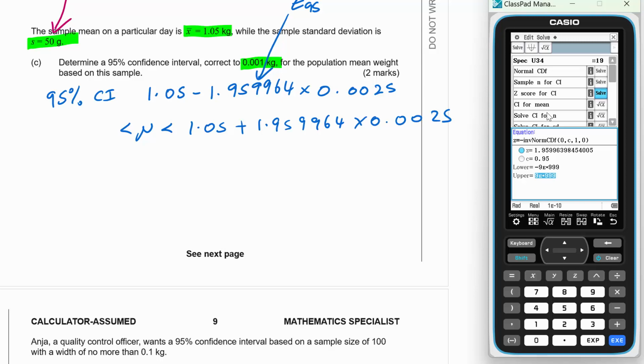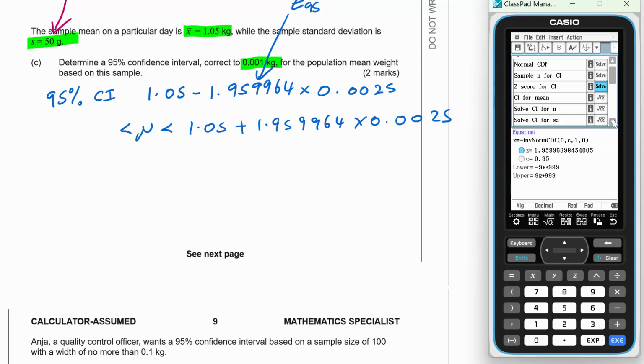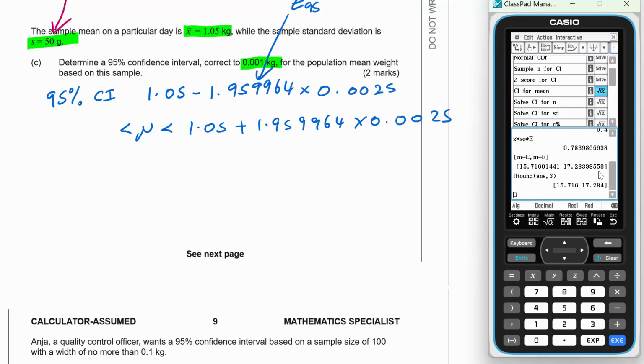But we don't actually need that because we have got an activity that will do the trick for us, which is this one here, confidence interval for the mean. And all we need to do is go up here and fill in the appropriate values. So we just need to change the mean there to 1.05. The standard deviation. Now with the standard deviation, we need to put in the standard deviation before it was altered.